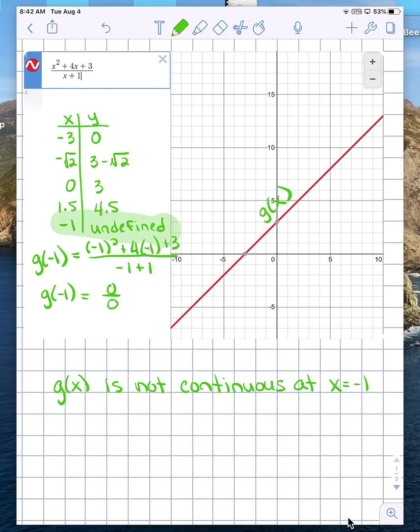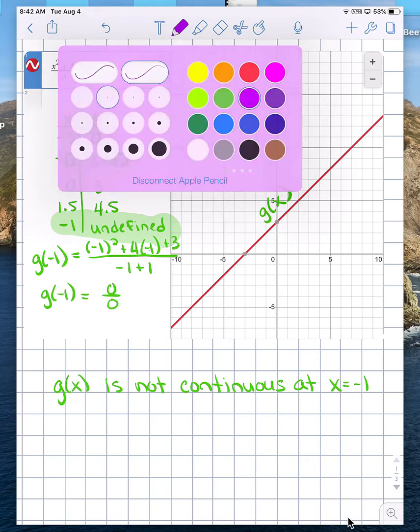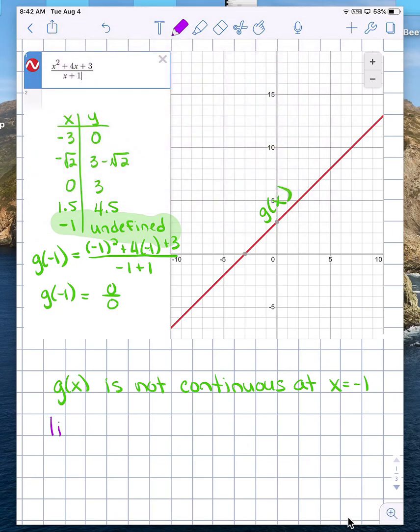But if I say, let's find the limit like we did before. The limit of g of x as x approaches -1. We're going to look at this the same way we did before.